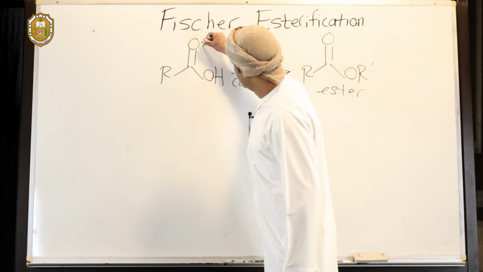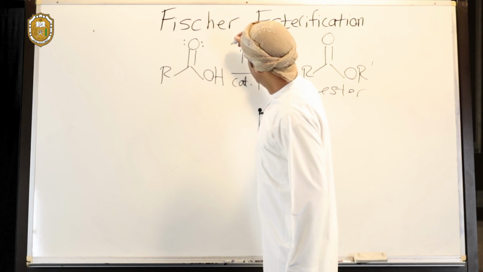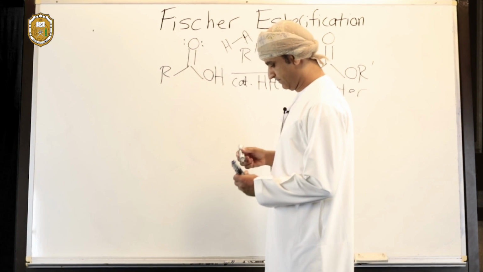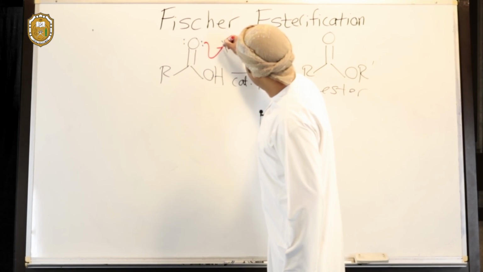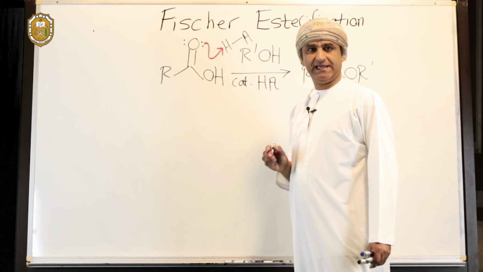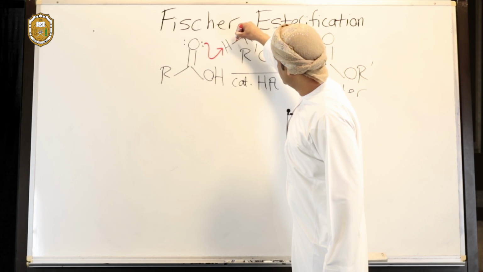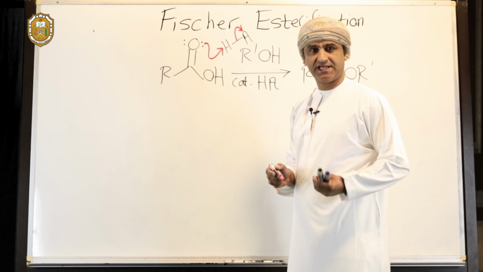So these are the two lone pairs on that oxygen, and this is the HA, the acid catalyst. This oxygen picks up a proton from the acid catalyst. So oxygen makes a bond with hydrogen. Of course, the H-A bond breaks simultaneously.